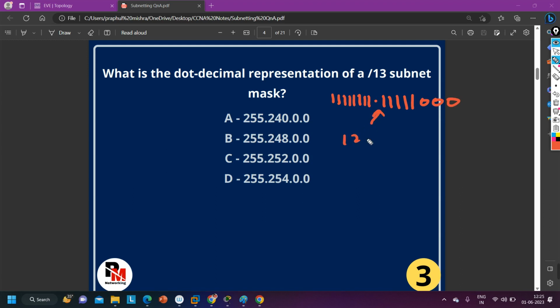This is 128, this is 64, this is 32, this is 16, and this one is 8. So you can add. Very easy. 248. Option B. Yes.